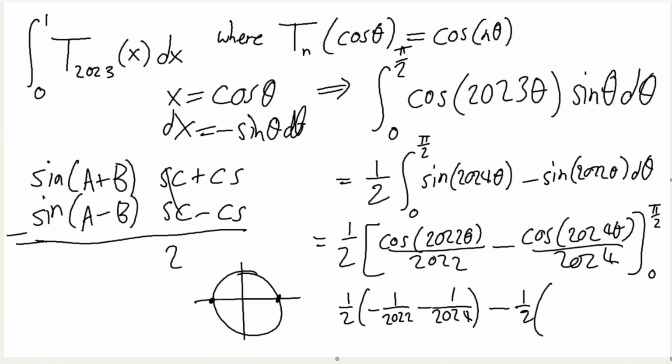So if we plug in 0, everything cancels out. Cosine of 0, cosine of 0. Oh no, it does not. I'm sorry. Cannot forget about this denominator.